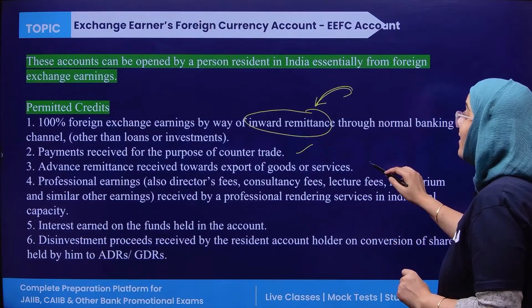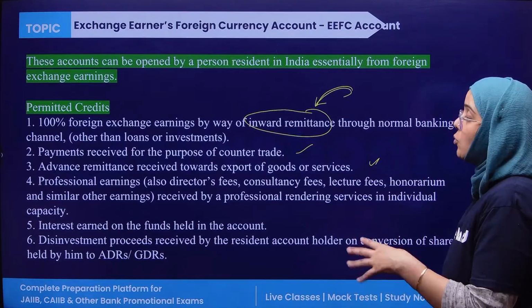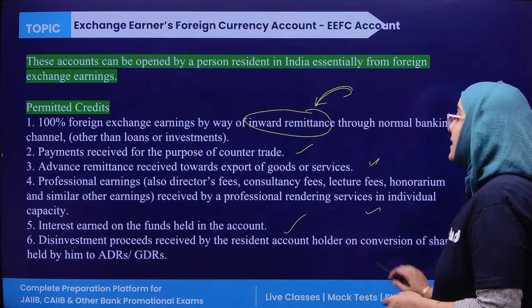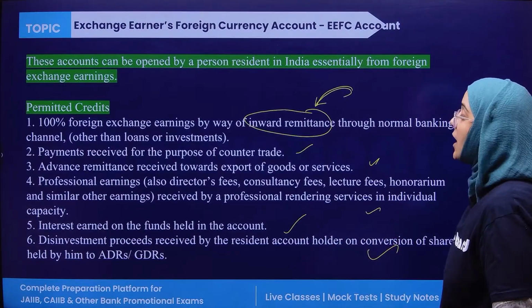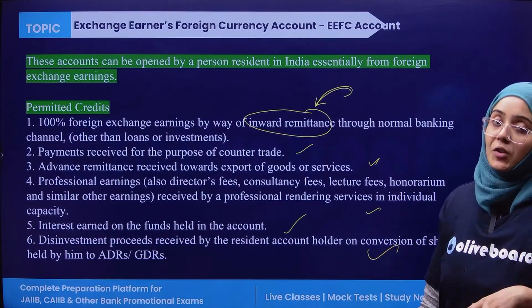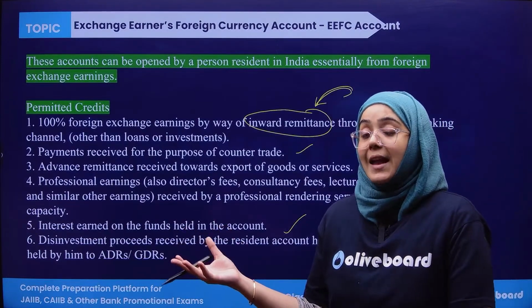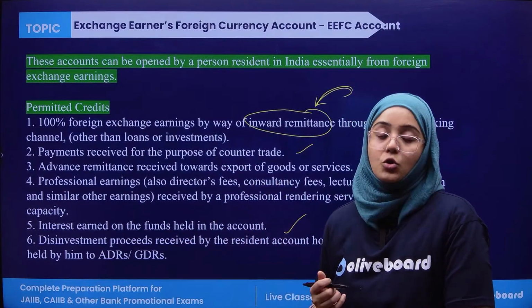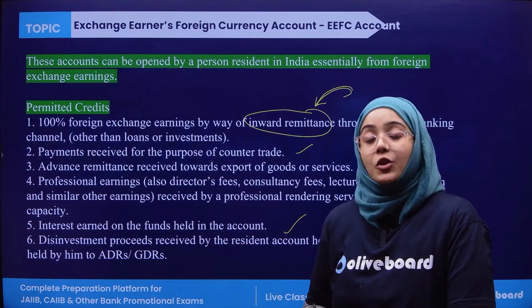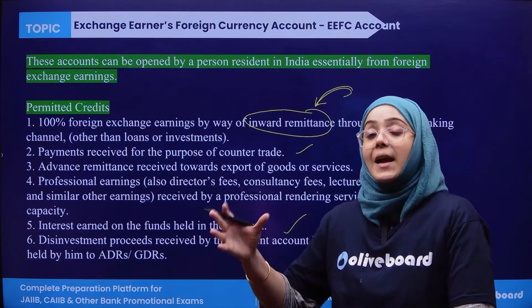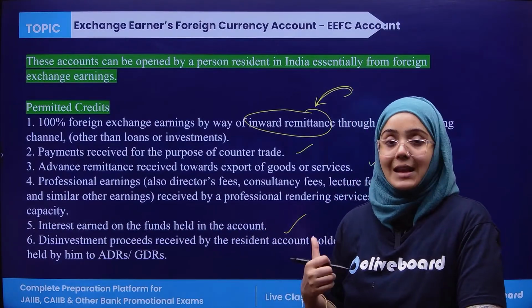Third, advance payment that can be received towards export, any professional earnings, interest earned, and disinvestment proceeds from the conversion of American depository receipts or global depository receipts. So if there is any earning coming to India, this is a permittable credit. There is no restriction on inward remittances in these accounts.